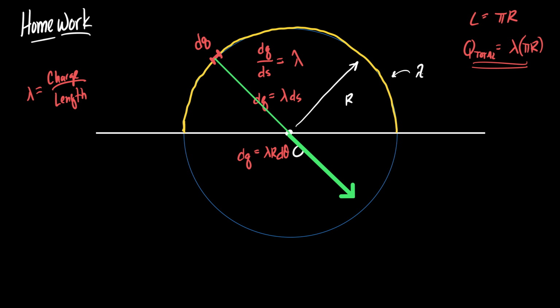Does that make sense to you guys? I'm not saying contribution to the force anymore because we've talked about electric field, so I'm going to do what the problem asks, which is talk about contribution to the electric field. So I will write this as dE, my contribution to the electric field.